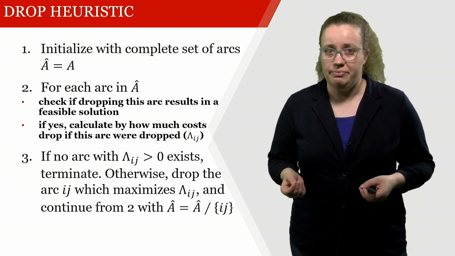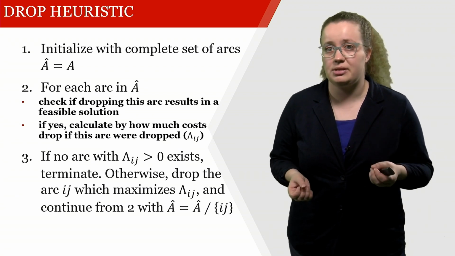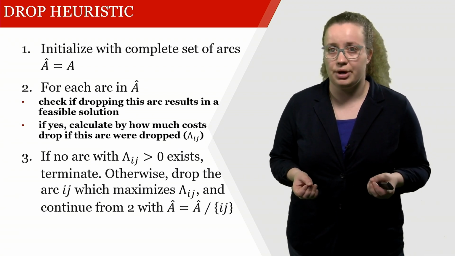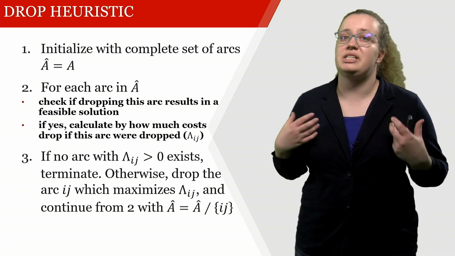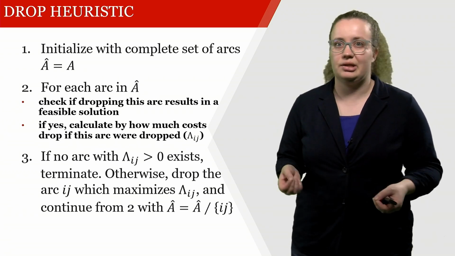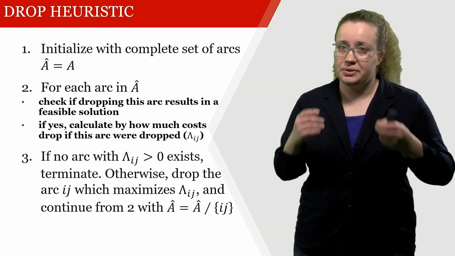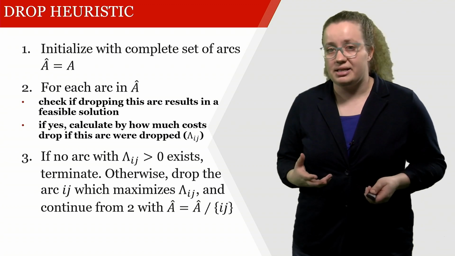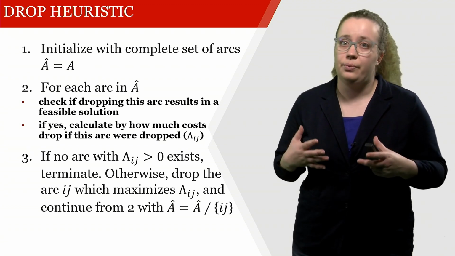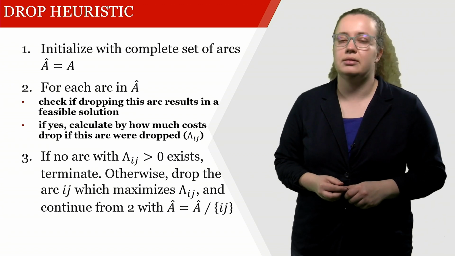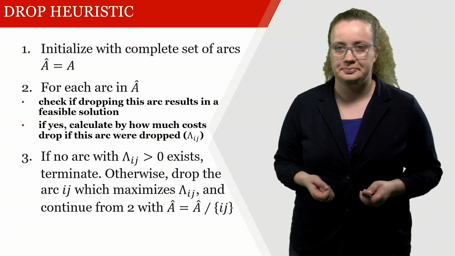Now, if nothing exists where we have a positive capital lambda, greater than 0, then we terminate, because then we definitely found the best solution this algorithm can provide us with. Otherwise, we drop the arc ij which maximizes lambda ij, and continue from step 2 without this arc, and we iterate until we eventually terminate.